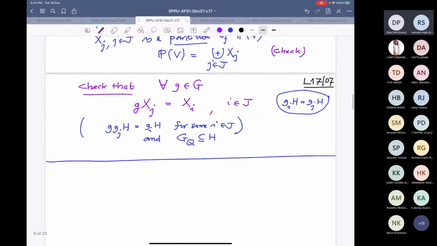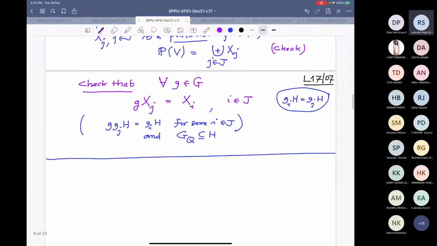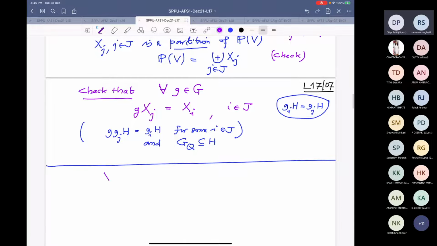What does partition mean? That means I have to check that if I take Xj and intersection Xi, and I different from J, and these are elements in J, and please don't use the shortcuts because that creates confusion.